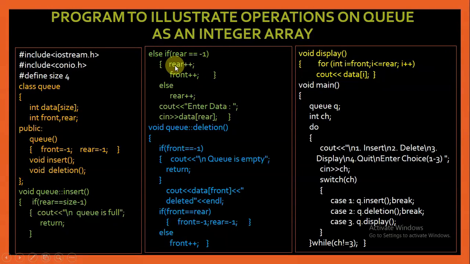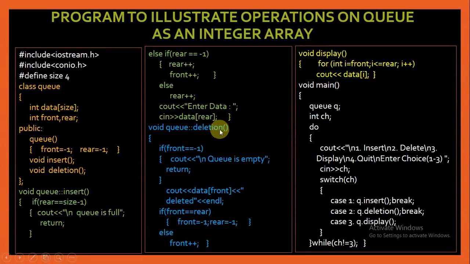We will simply say rear plus plus and front plus plus, because if rear is -1, it means the queue is empty and the element which we are going to insert is the very first element. So in that case, both front and rear, they will be incremented and they will become 0. Otherwise, if it is not -1, rear is simply incremented by 1 and we enter the data and the data is stored in the array.